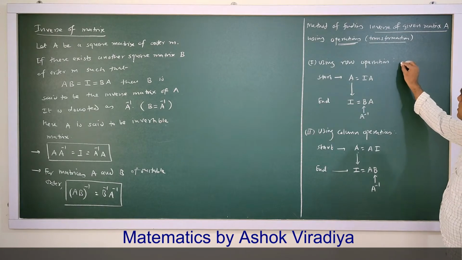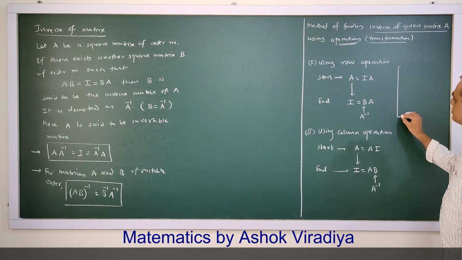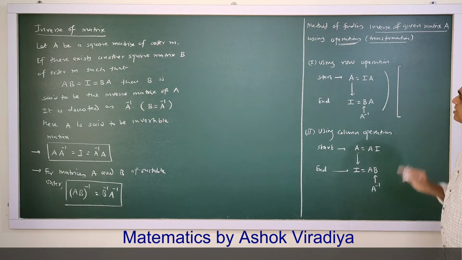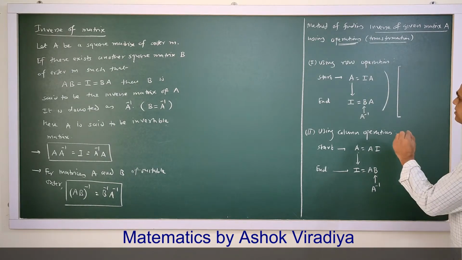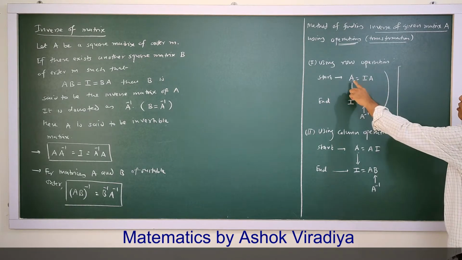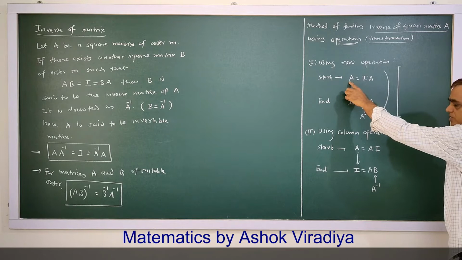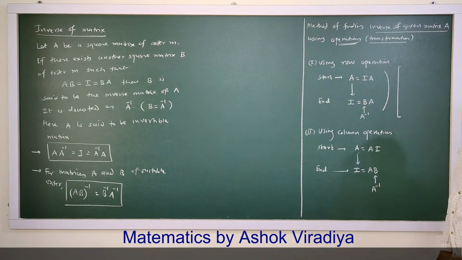And in this procedure, at any step, if we get all entries 0 in any one or more rows, then inverse does not exist.